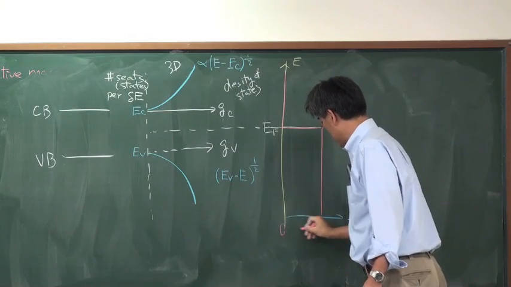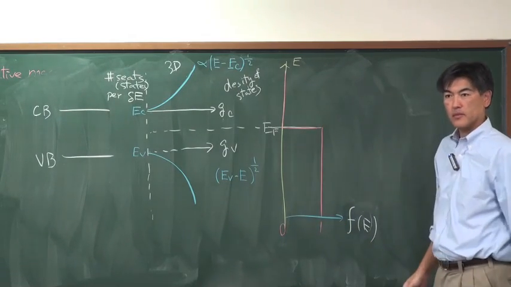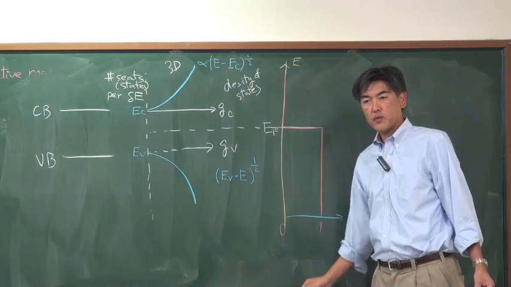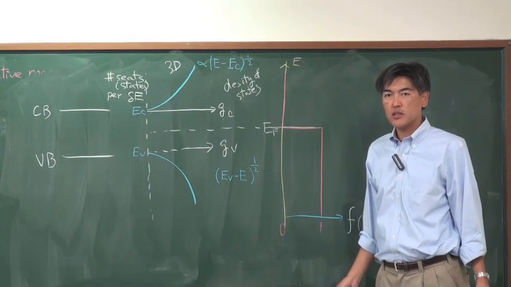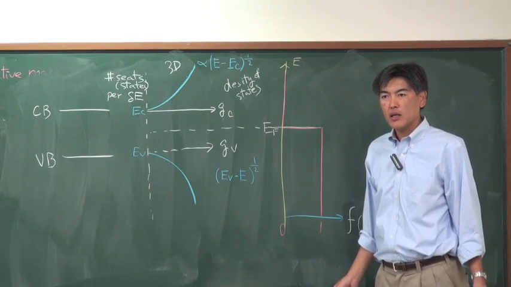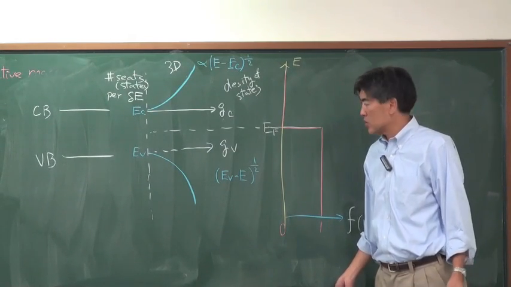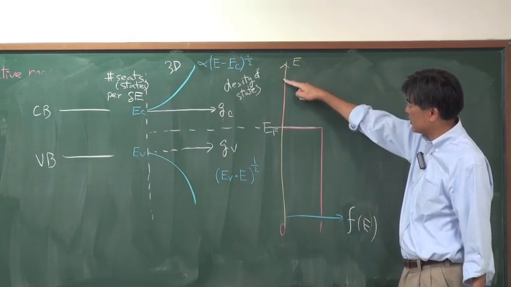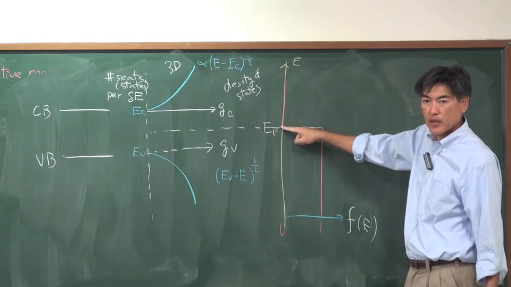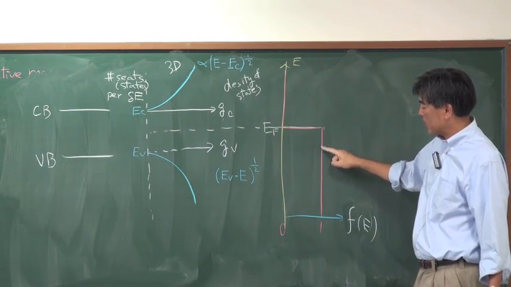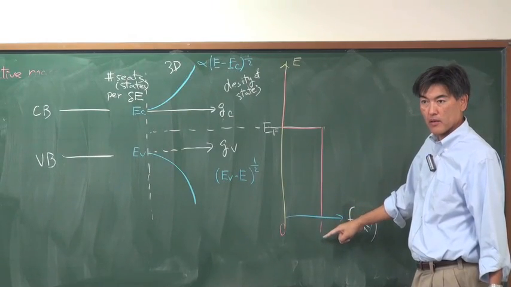This is 0 and 1. Okay? And the Fermi function provides the probability that you find electrons. So in this energy range, the probability of finding an electron is 0. And here, the probability of finding an electron is 1. Okay?